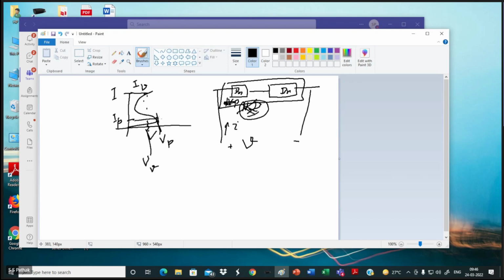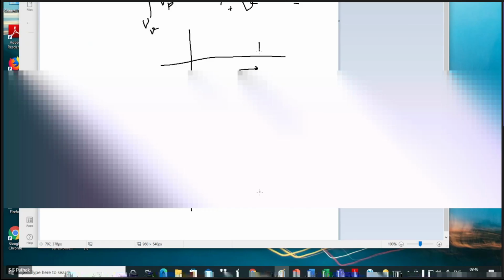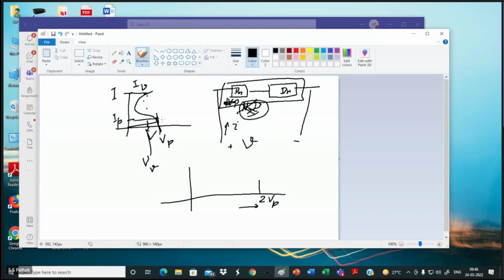When the two are put in series, what is going to happen? Identical characteristics are there. Until this voltage becomes 2 into VP, this will not fire, and the reverse saturation current will be the same up to this point.